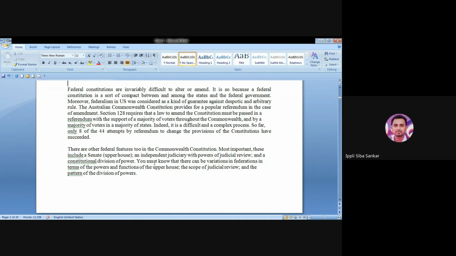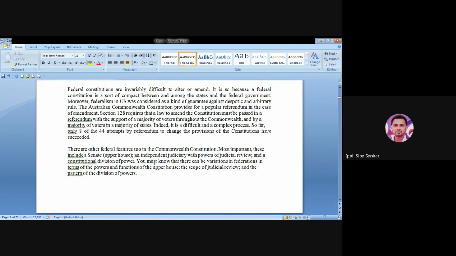So the procedure to amend the federal constitution is very rigid. It cannot be easily changed. Moreover, federalism in the United States of America was considered a kind of guarantee against despotic and arbitrary rule.